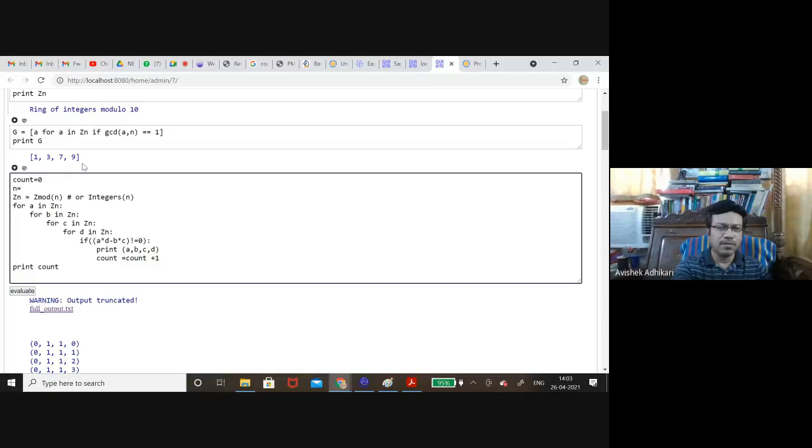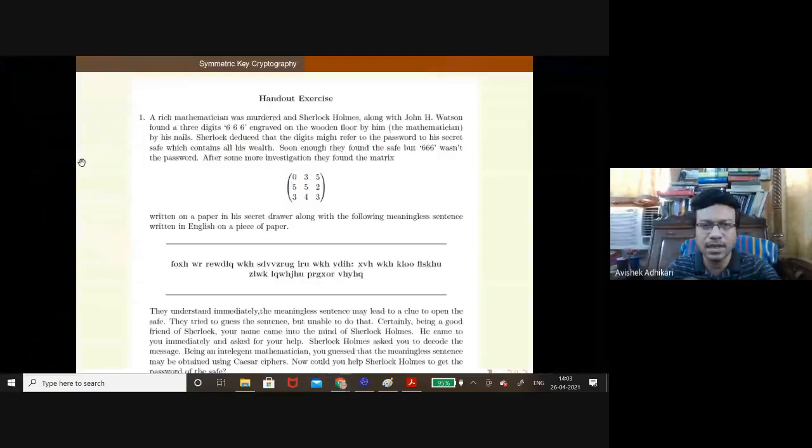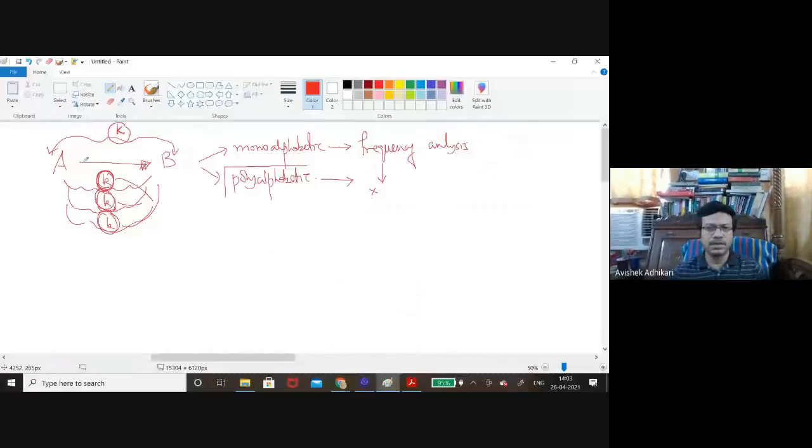Can you tell me the value, if I consider Zn to be Z7, that means what is the cardinality of GL2 of Z7? Can you quickly tell me this value? This will be (7 square minus 1) into (7 square minus 7). Now tell me what is this value?